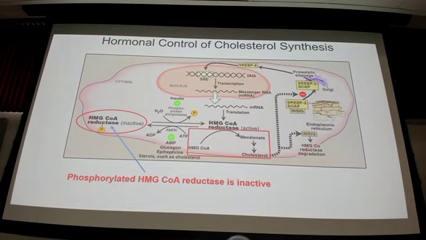So it will cleave from the Golgi apparatus, travel into the nucleus of the cell to stop the transcription and translation of HMG-CoA reductase, and that's when cholesterol levels are high. And it does the opposite when cholesterol levels are low: it will cleave from the Golgi apparatus to cause HMG-CoA reductase to be produced, and therefore to produce cholesterol.